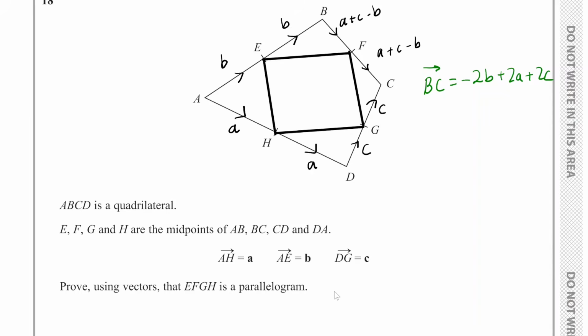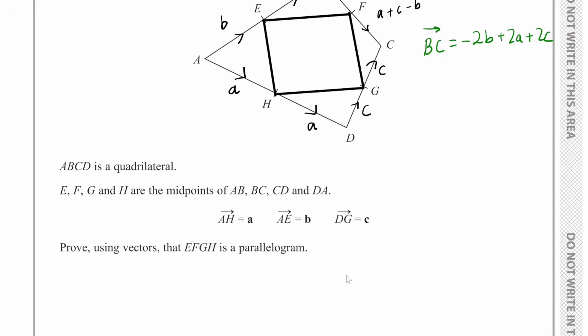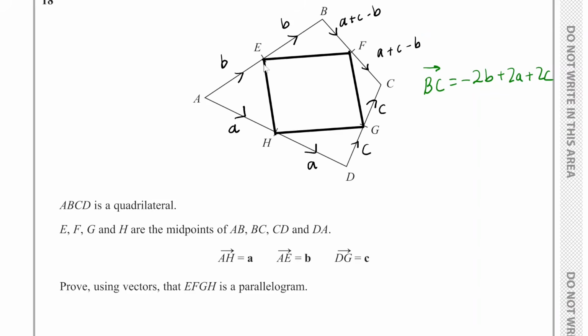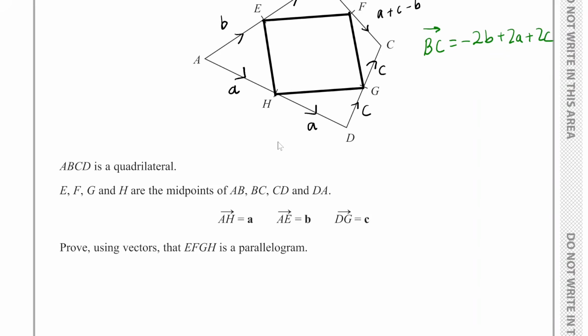So we're going to work out the sides of the parallelogram. So let's go from E to H. To go from E to H it's minus b plus a. From H to G, we're going to go a plus c.